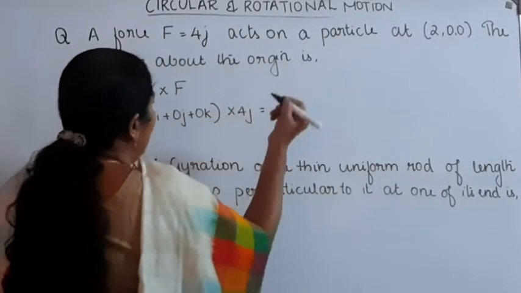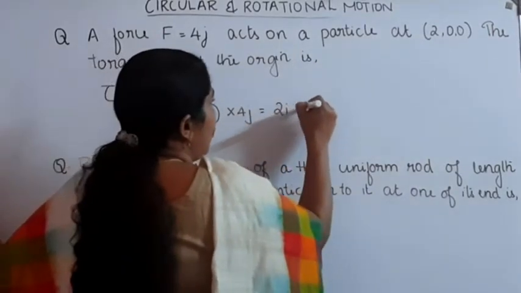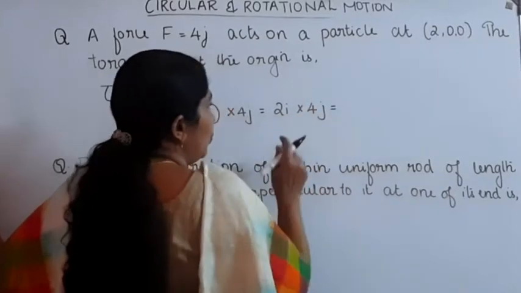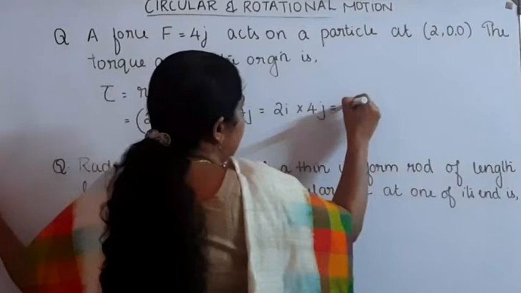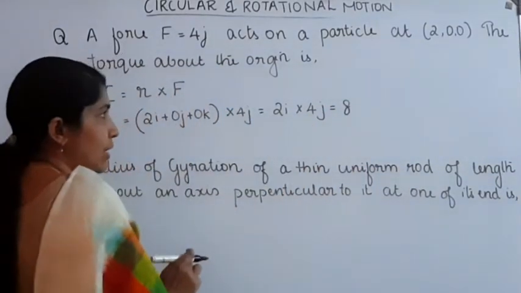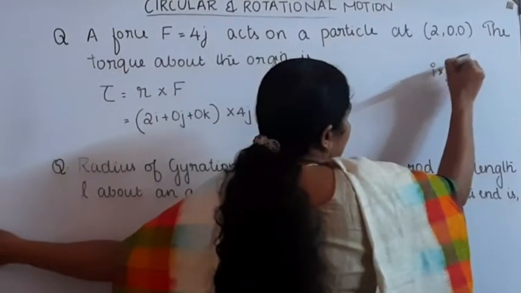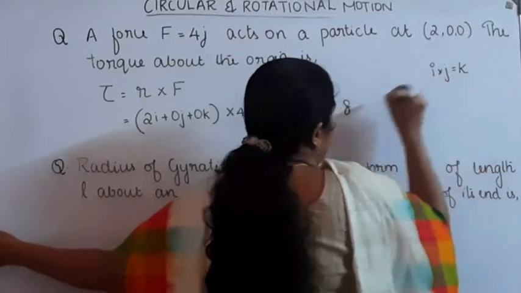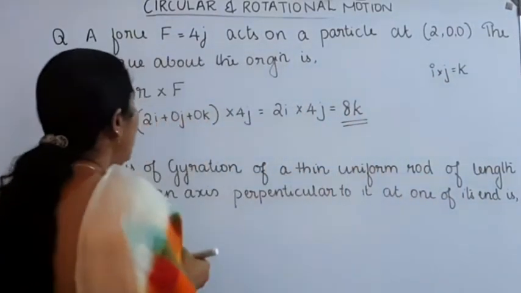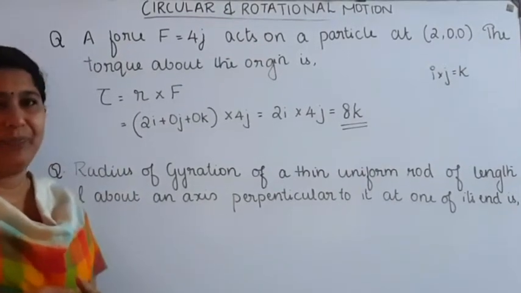That is equal to 2I cross 4J, which is 4 into 2, 8, and I cross J is equal to K. Then we can write 8K. Torque tau is equal to 8K, which is the answer.